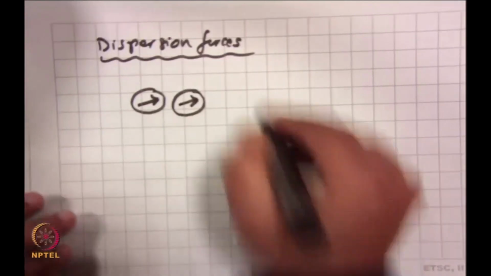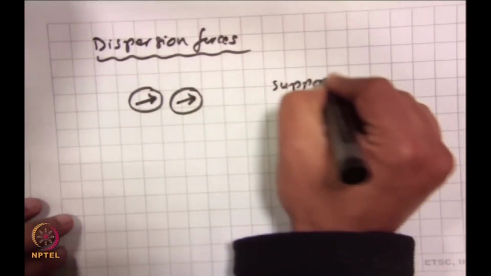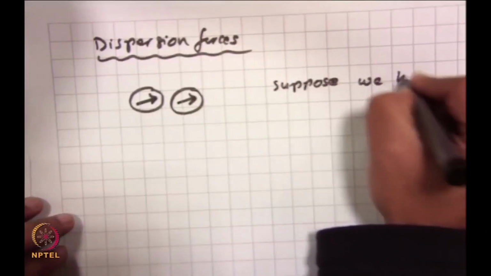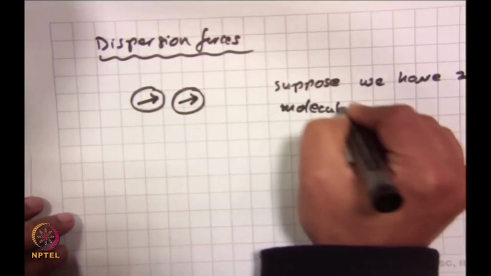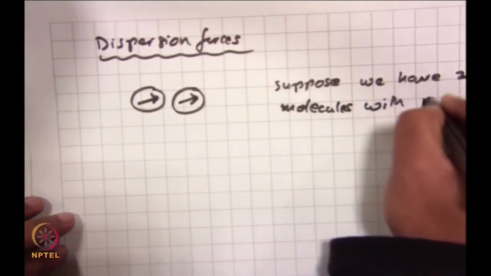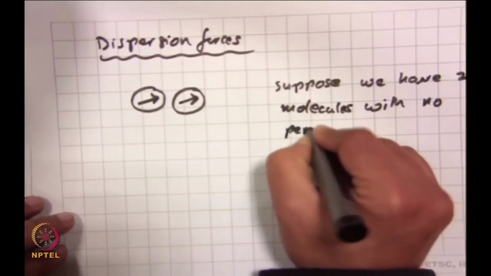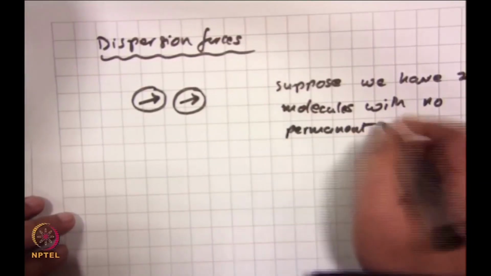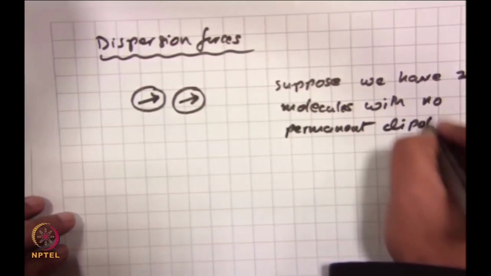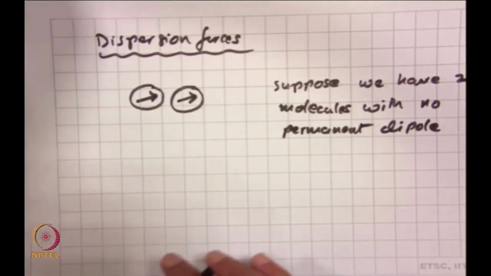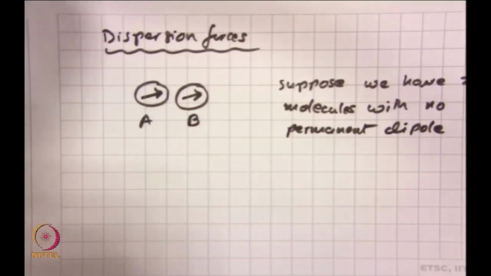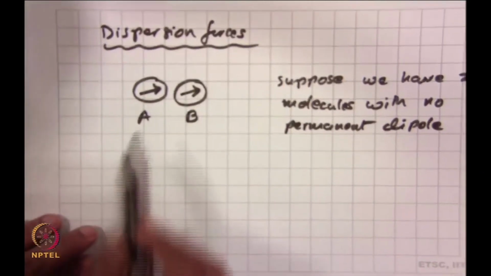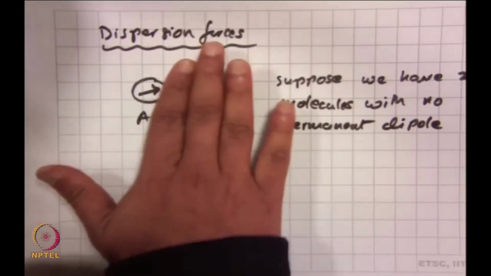Now, suppose we have two molecules with no permanent dipole, that means essentially neutral molecules. So, none of these have permanent dipoles. Say this is molecule A, this is molecule B. Let us look at A first.